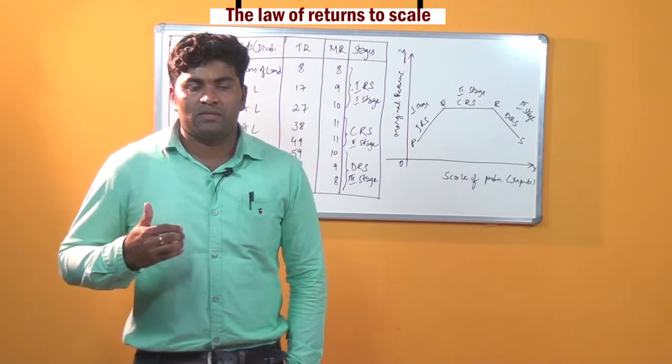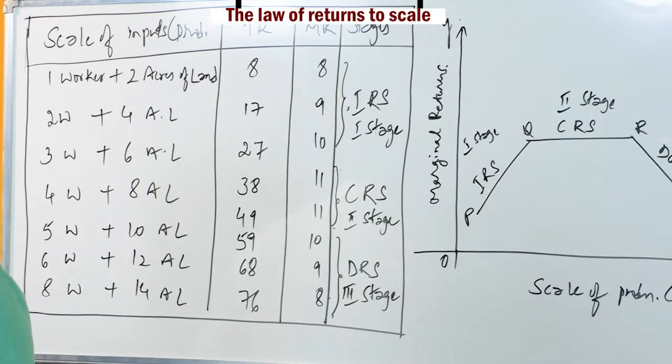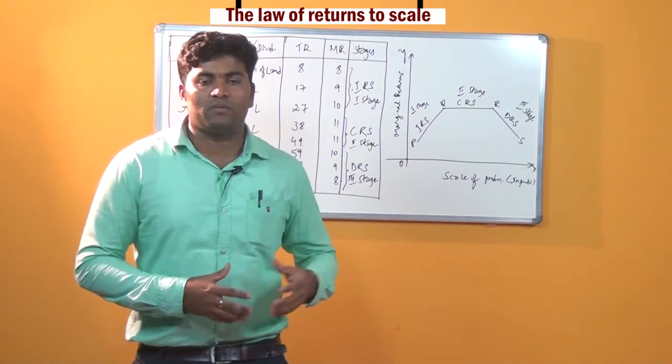To meet such variations, the firm has to use more land, more labor, more capital, and more organization. As it increases all the factor inputs in equal doses, how does it impact factor output or quantity of output? It shows the relationship of a long-run production function.